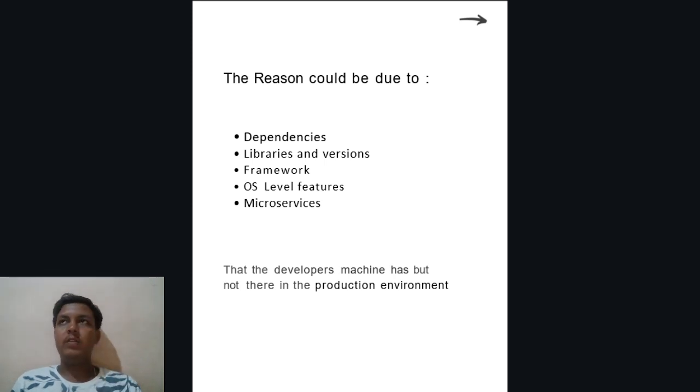Suppose we have a project with index.js or any kind of calculator which I created on my local machine, and when I tried to push it to production, it fails because maybe the version does not match the local one.